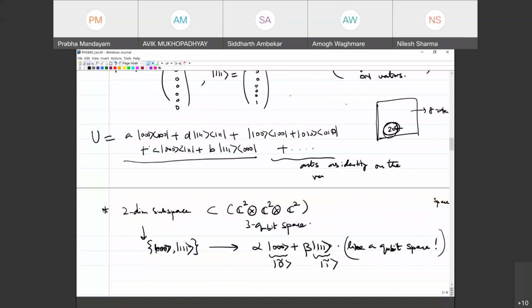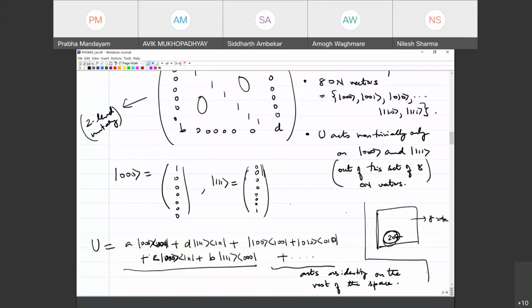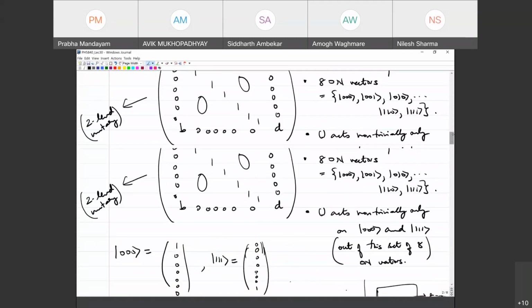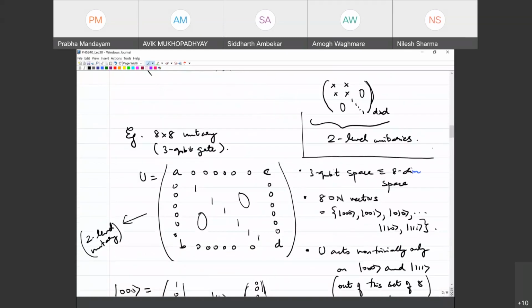Is that clear? Yes, ma'am. So Nilesh, were the question and answer clear? Not very clear. So the point was, what do I mean by non-trivial? I think I was earlier trying to say that it does not have support on the rest. But for that to happen, all these entries must be 0, and that will not be a valid unitary transformation. For it to be unitary, I must have all these diagonals be 1.